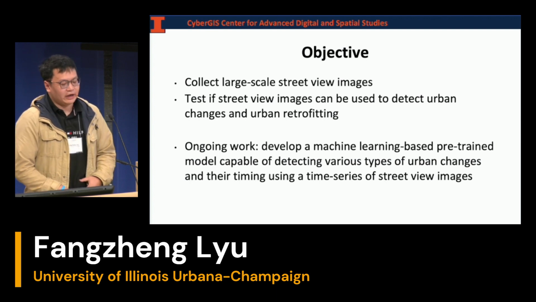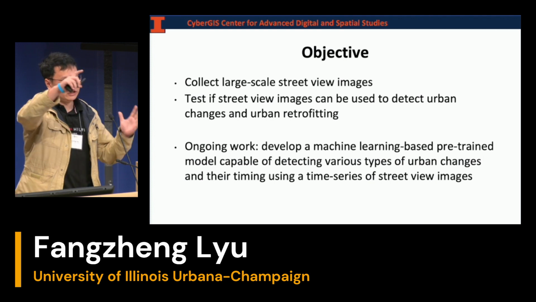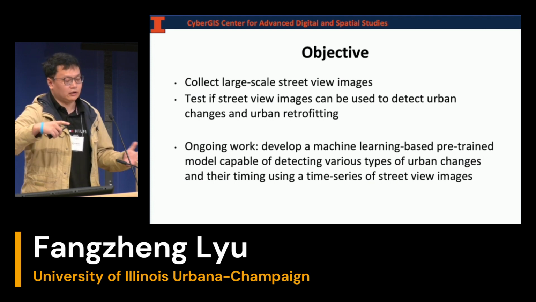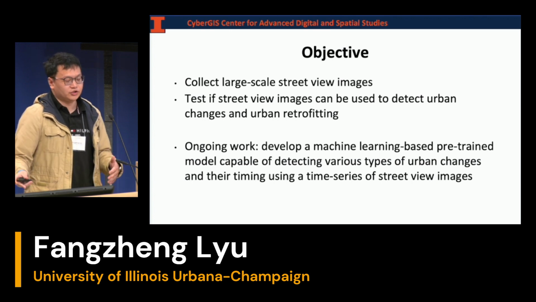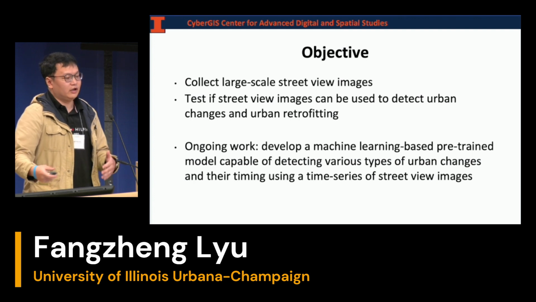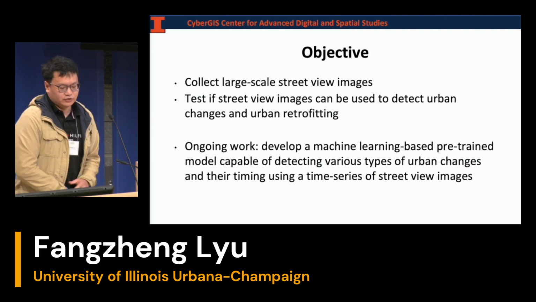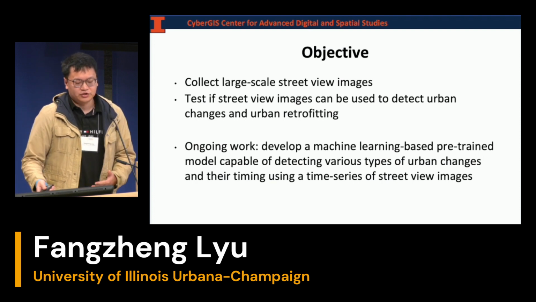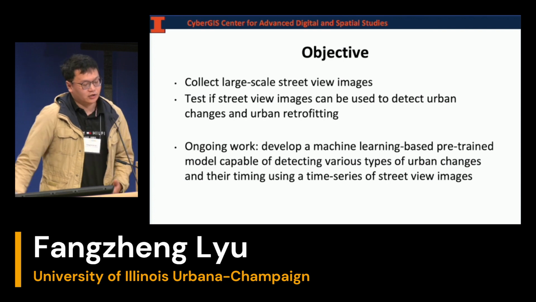We put our eyes on street view imagery because it provides very detailed images of the area of the building, and we have historical images to compare with, so we can know whether urban retrofitting is happening there. The goal of this project is to test if street view images can be used to detect urban changes, especially urban retrofitting.